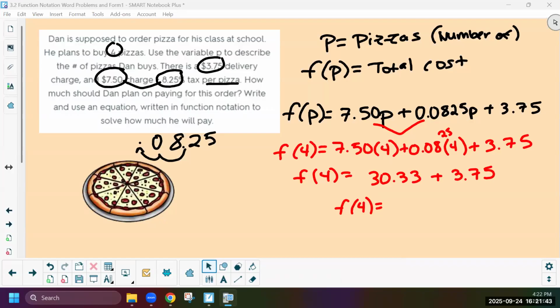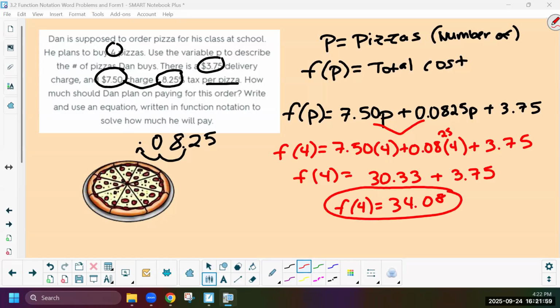Times 4. That does equal $30.33. Plus I have to add my 375. So I get 34.08. So that would be the total cost.